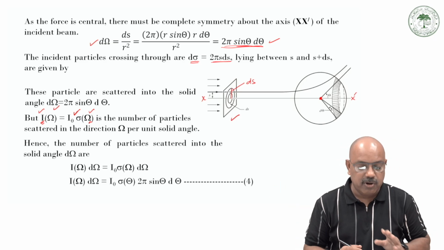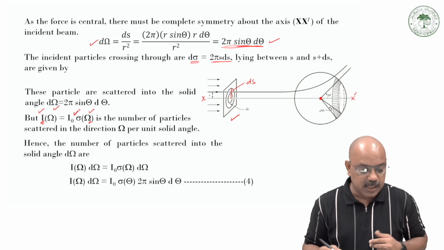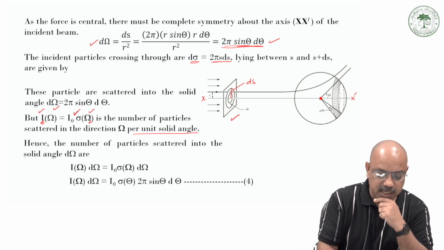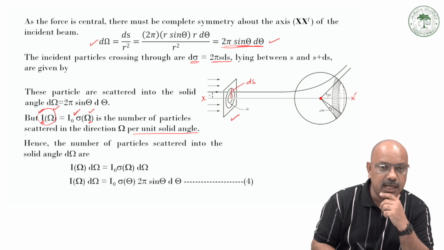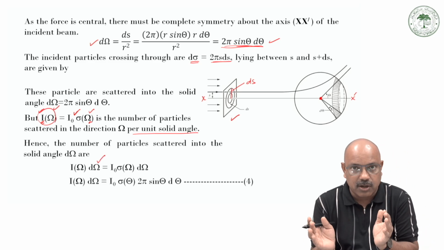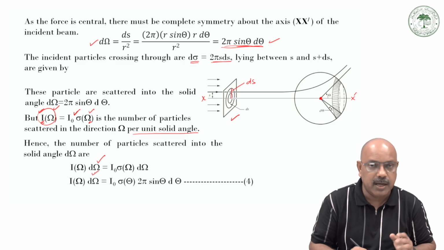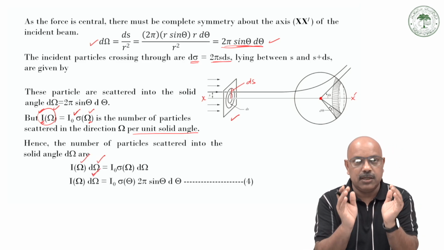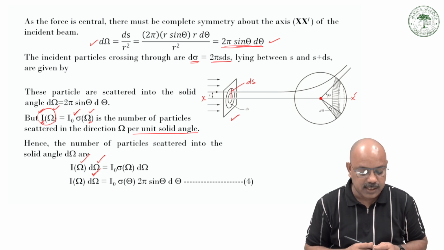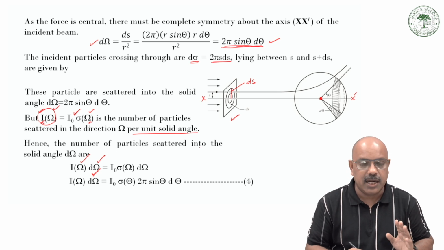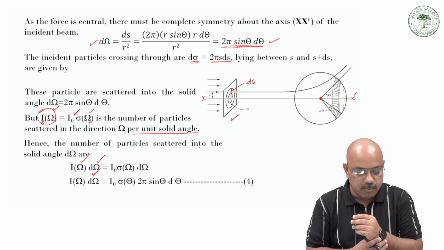So hence the number of particles scattered into the solid angle d omega. This is per unit solid angle, so if you multiply it by the total element of the solid angle, that is d omega, this is going to give you the number of particles scattered into the solid angle d omega.